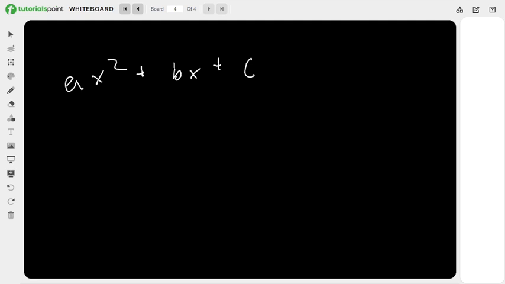So essentially what factoring says is we're going to look at b and see what two numbers that exist in this world both add to b and multiply to c. So what adds to b and what multiplies to c. That might sound a bit complicated at first. Trust me, this will get easier. And the other important thing about factoring is this has to be equal to 0 to factor.